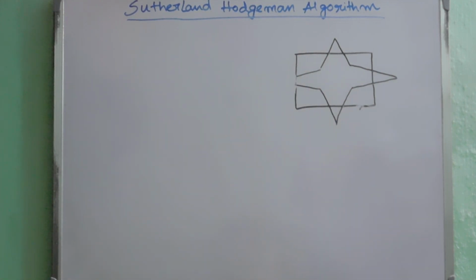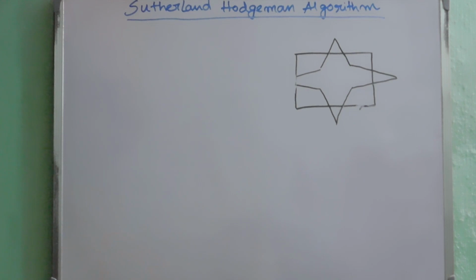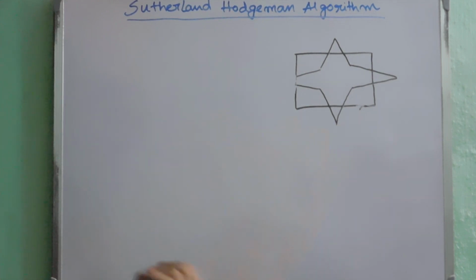Now remember one thing, the 4 steps that I am talking about right now have a certain characteristic. The characteristic is that the output of one step is fed to the second step as the input.